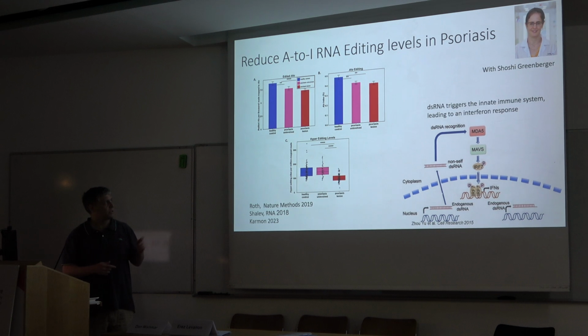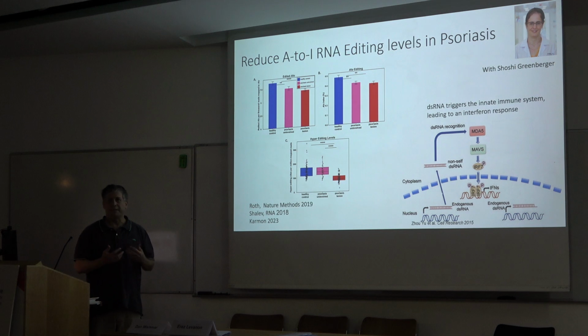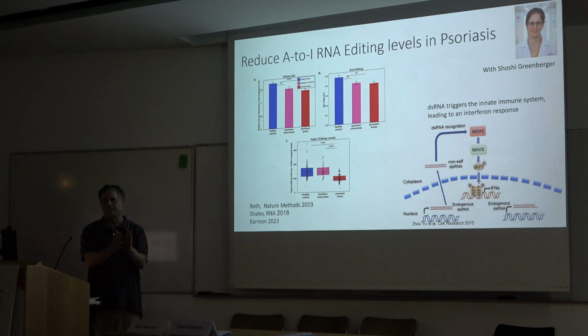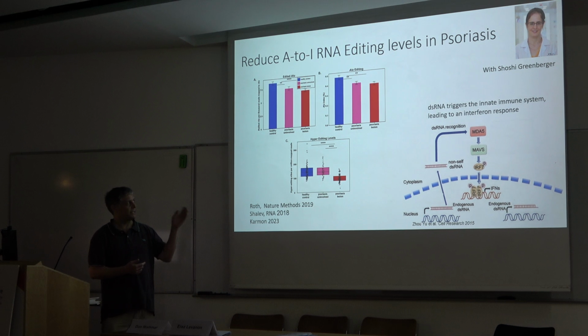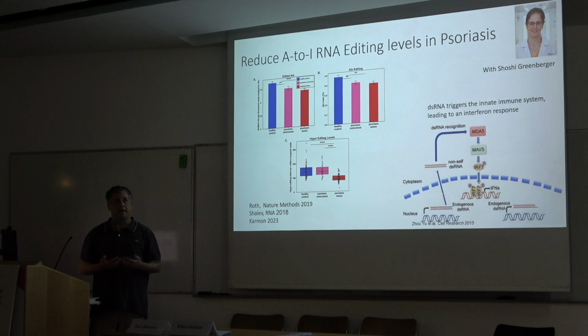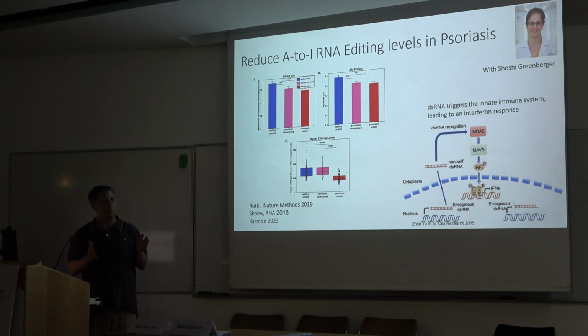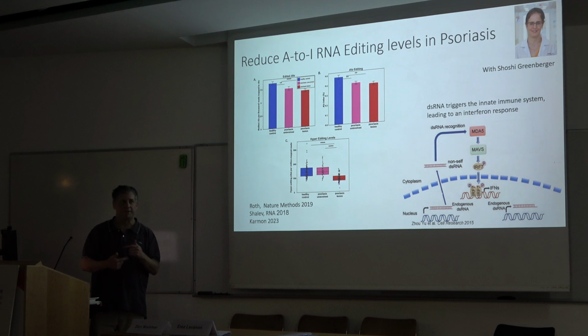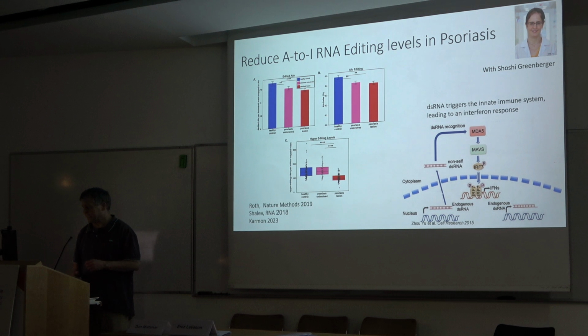The first work was in autoimmune disease, where we understand that some of them can be related to editing, because if you have less editing, you have more double-strand RNA and more activation of the immune system. This is exactly what we see in atopic dermatitis and psoriasis. We have less editing, which means we have more double-strand RNA that can contribute to the vicious cycle of immune activation.